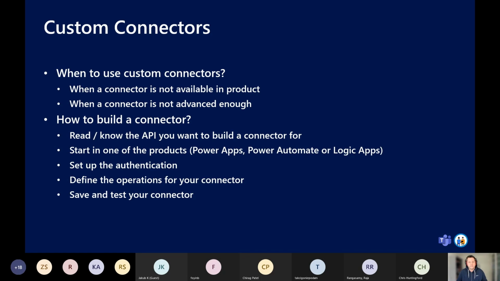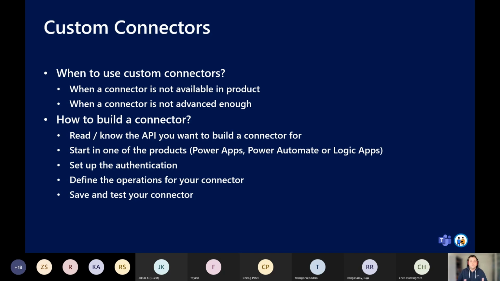Another reason that you can use that is for when a connector is not available in the product. So when it's not one of those 650 plus connectors, you can of course build your own custom connector and use that as well. And also another reason could be when a connector is not advanced enough.